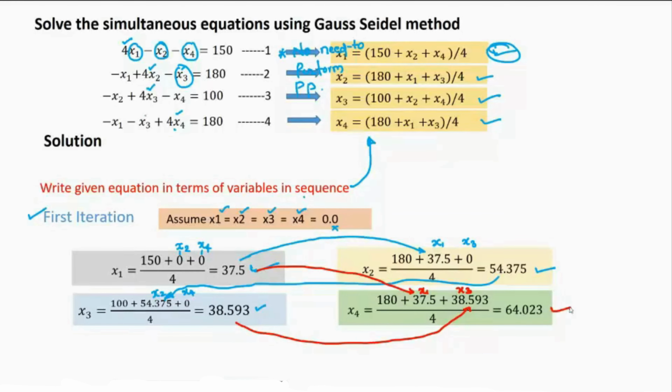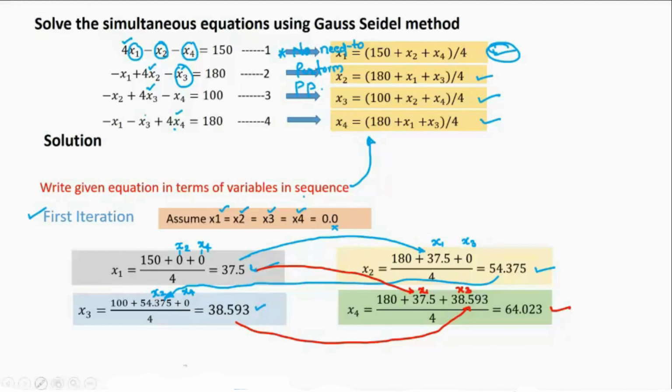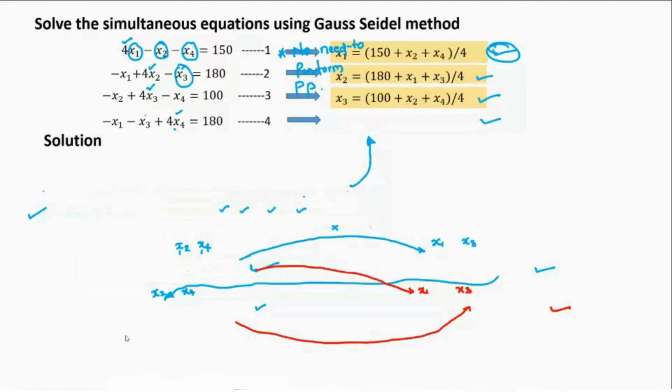So I think you might have understood the logic involved in computing the first iteration. Remember one thing: we always have to use recent values of a variable for further computations. The same statement I have written here.